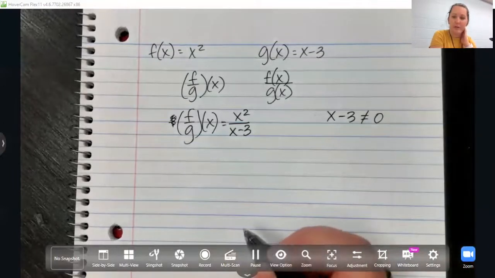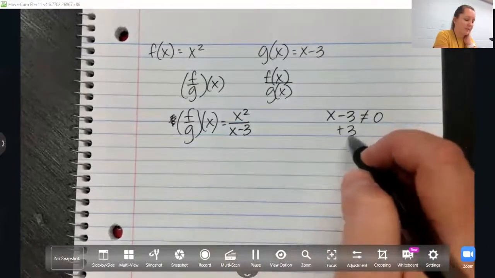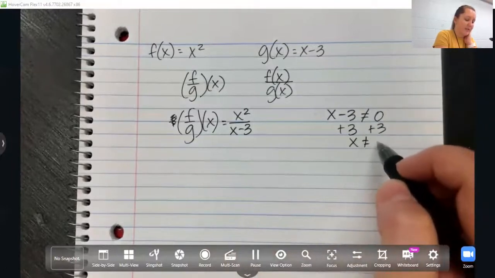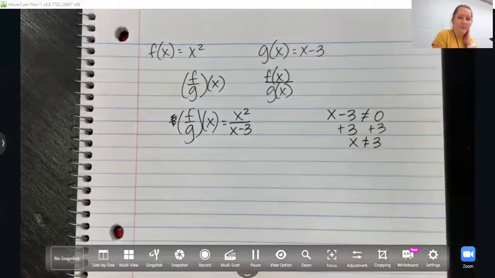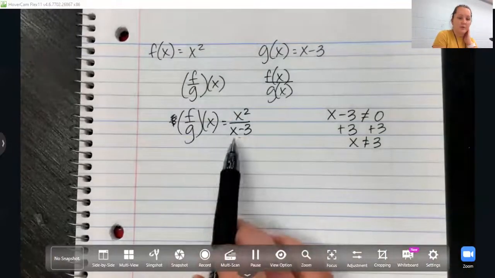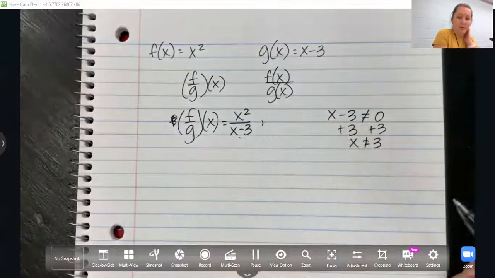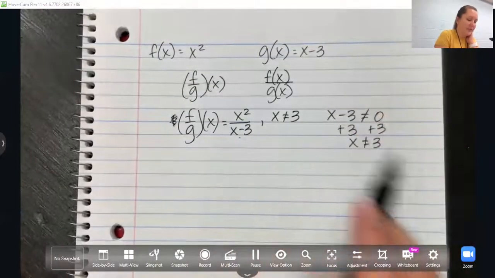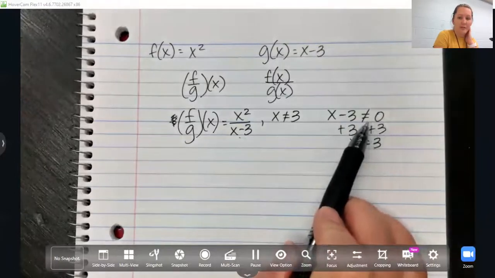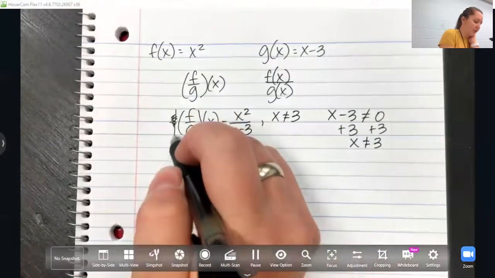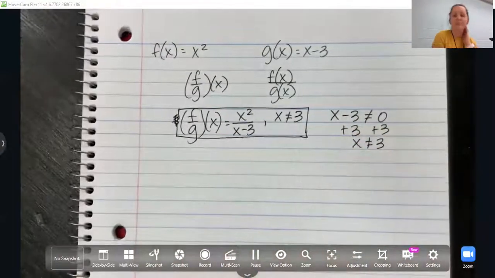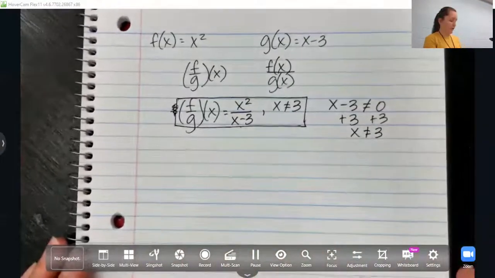Our denominator cannot be 0. So I'm going to solve for this to figure out what the restrictions on my domain are. x cannot be 3. So this is your answer, except I want to put a little note about my domain. x cannot be 3. And I simply do that by setting that not equal to 0 and then solving. Okay. So that's your answer for your quotient.